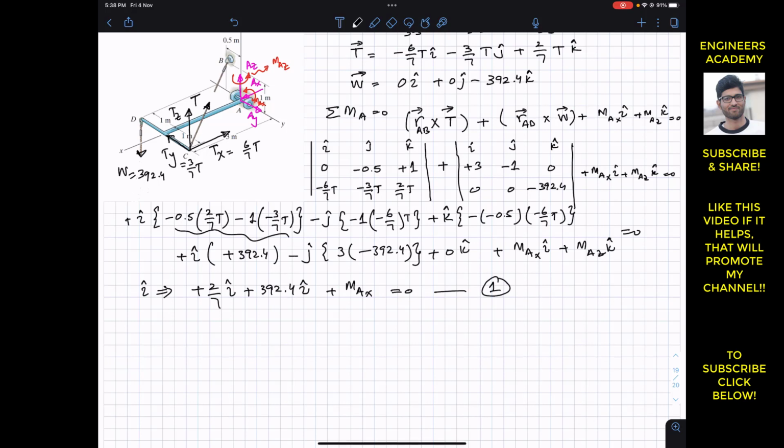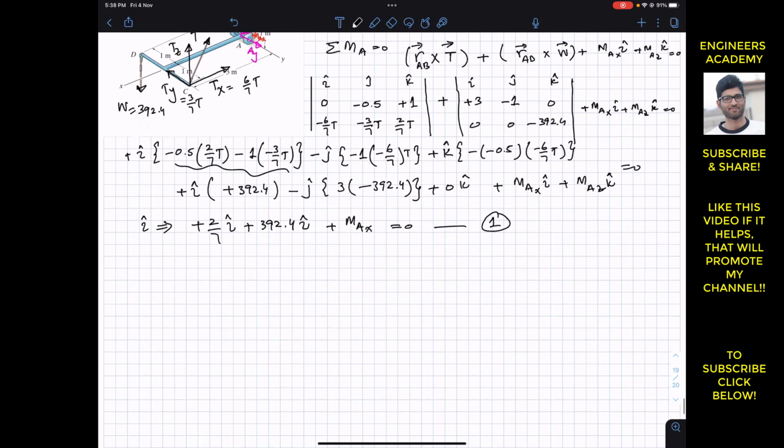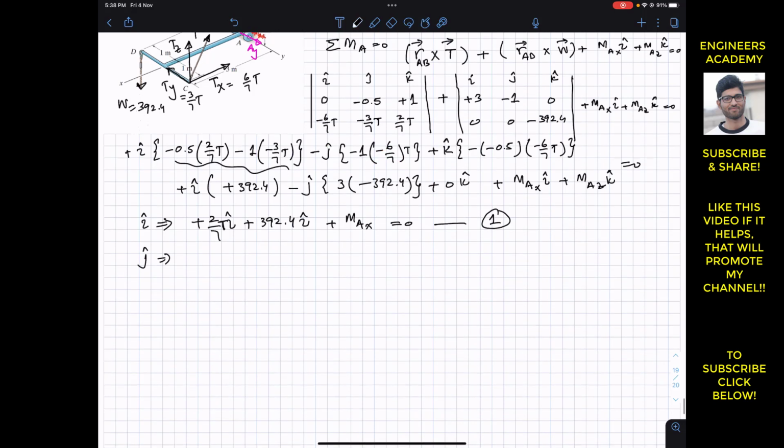Then the summation of moment about the y-axis, that is the j components. So this j component is minus into minus, plus 6 divided by 7. And here remember that we have that t. So then this is plus 6 divided by 7 into minus, so minus 6 divided by 7t.